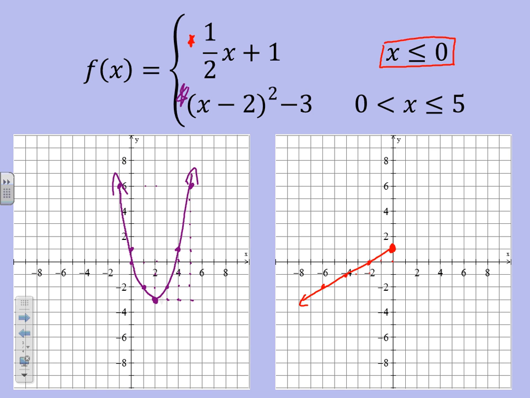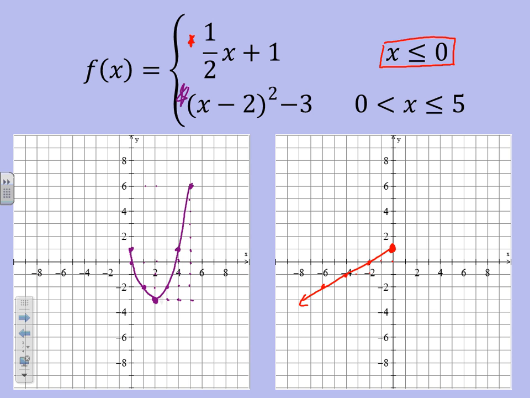Well, now let's take a look at its domain restrictions. Its domain restriction says it has to be greater than 0, but less than or equal to a positive 5. So let's take off everything that is less than 0 and anything that is greater than 5.